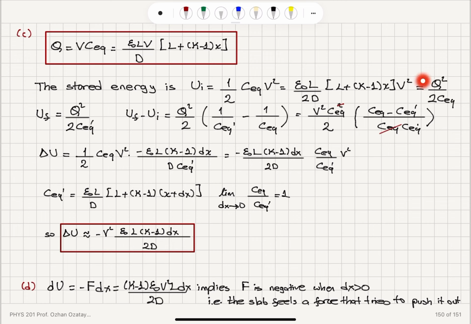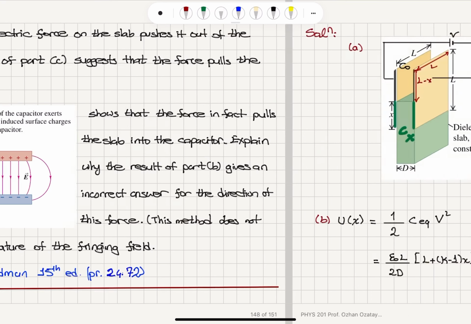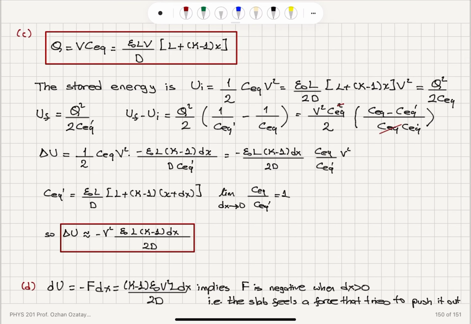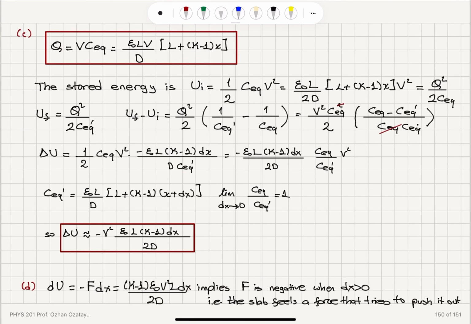This relationship is only correct if the system is isolated in terms of energy. So we see a manifestation of that if we try to write this equation for part B, where we find that the force comes out to be negative, suggesting that the slab is pushed out. But when we do it for part C, the force is positive, the dielectric is pulled in.